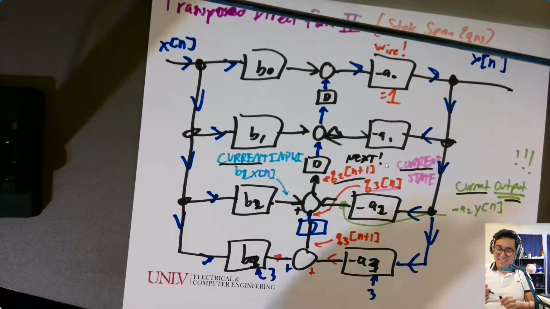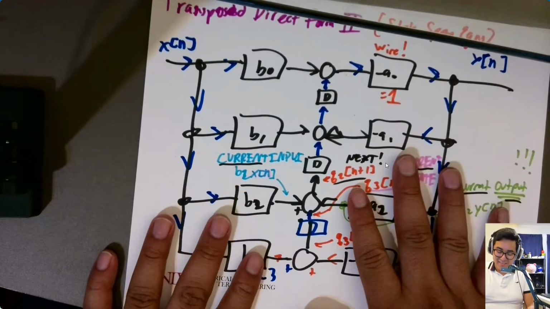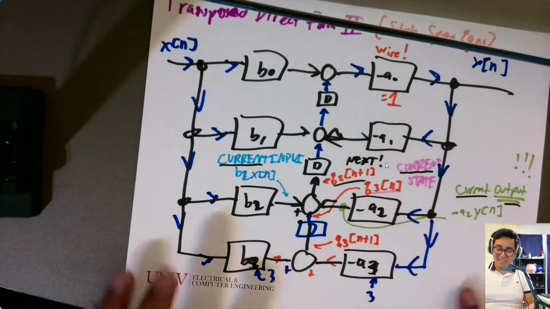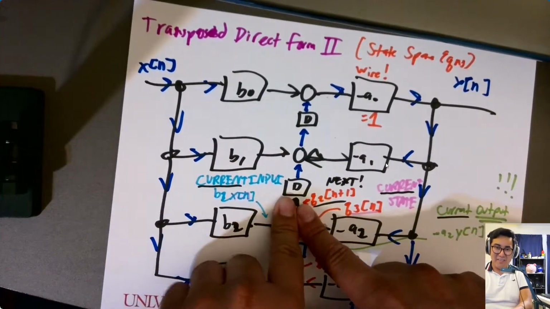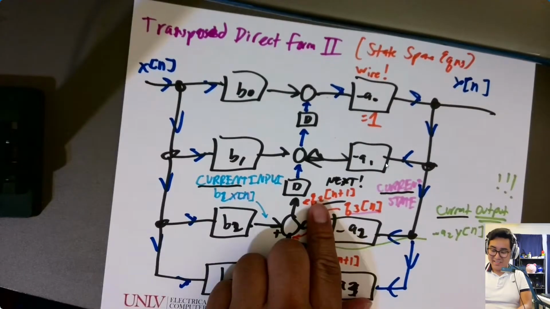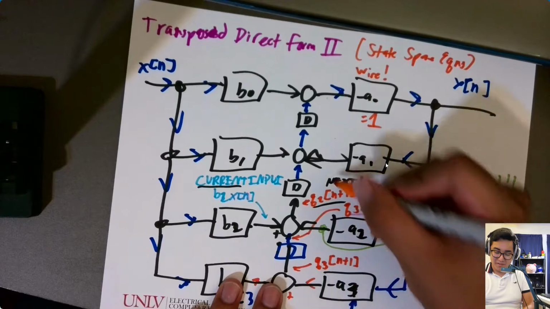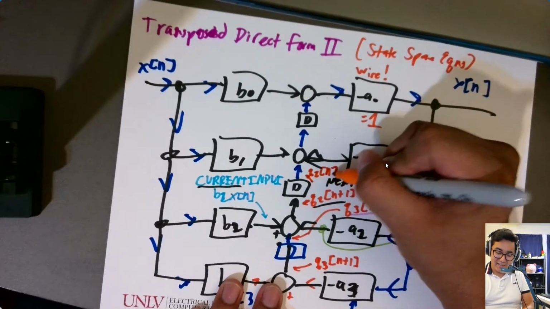Does that make a little more sense? I think that made a little more sense to me, but I'm trying to find an analogy to explain this to you. We have current stuff giving us the next state, and now that we have our next state, Q2 of n plus 1, what's here? Q2 of n.